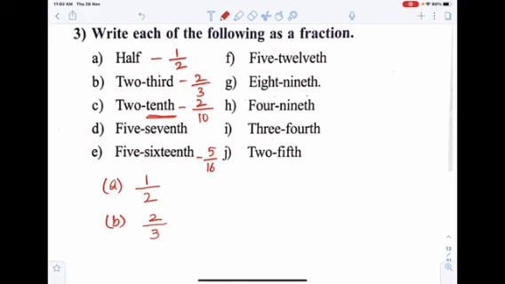Now 5/12 is nothing but 5 by 12. 8/9 is nothing but 8 by 9. 4/9 is nothing but 4 by 9. And 3/4, as we all know, is nothing but 3 by 4. 2/5 is nothing but 2 by 5. Children, I have written almost 5 denominations here. I want you to write the other 5 on your own.